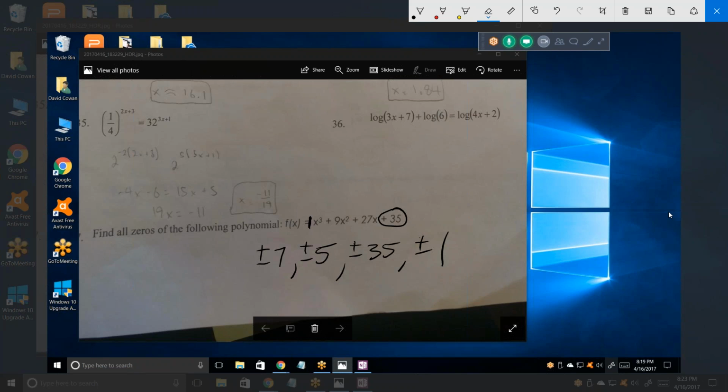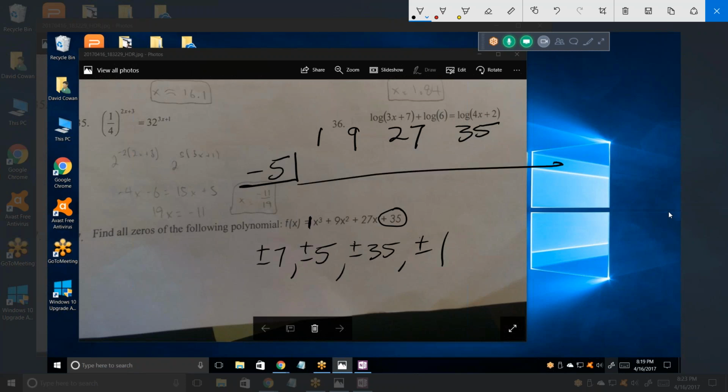Like I said, without knowing what the 0 is, I would just randomly start synthetically dividing by these. In other words, just so you see what I'm talking about, let me take what we know to be the 0, and let's synthetically divide it into that. Wolfram Alpha told us that minus 5 was a 0.